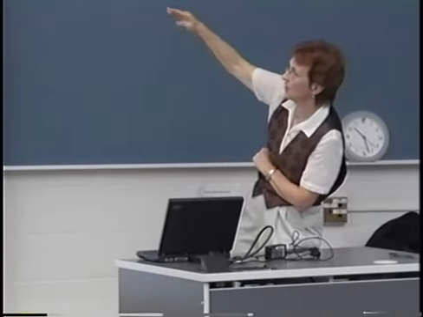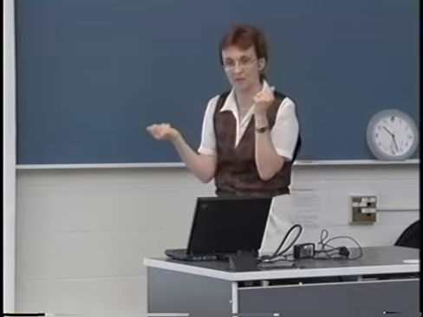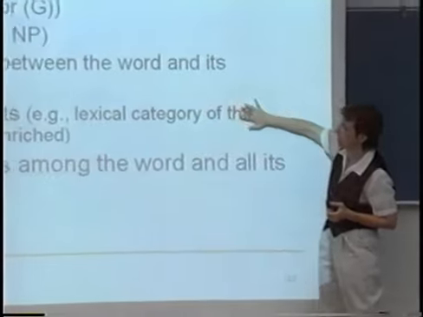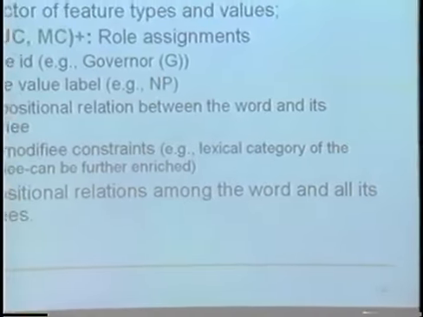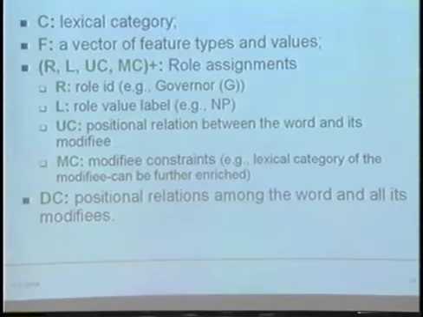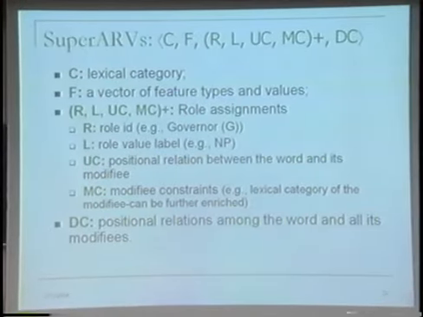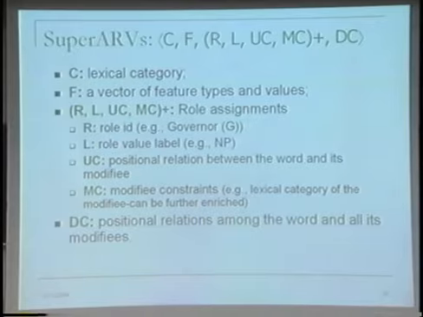You'll have a lexical category, you'll have the features, you have the role assignments, you'll have the role ID, the label, you'll have the unary position, the positional constraint between the word and its modifiee. And you'll also have these modifiee constraints where it gives you information about the modifiee. So that's like the lexical category of my modifiee is a noun, and I have determiner pointing at the noun.